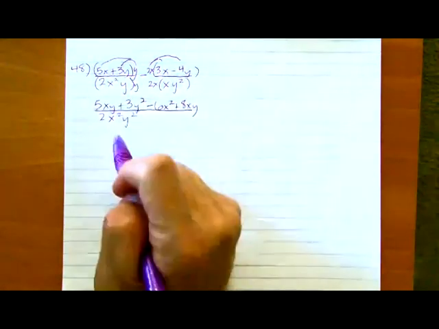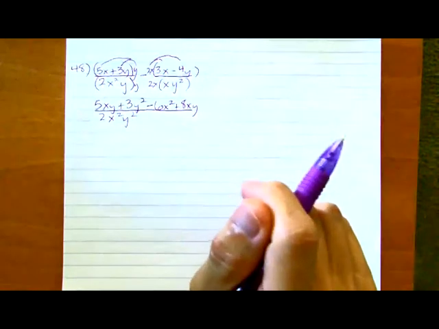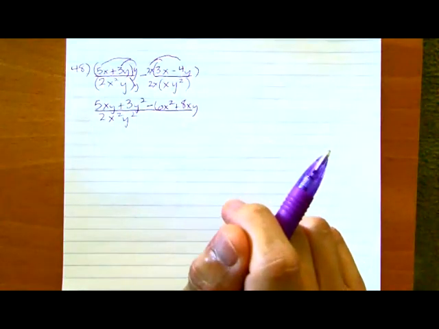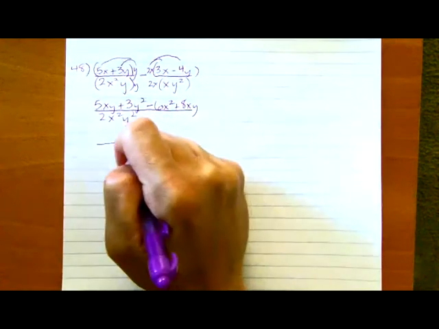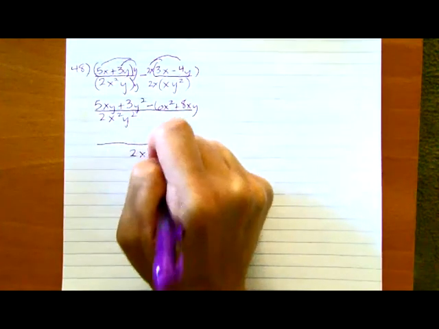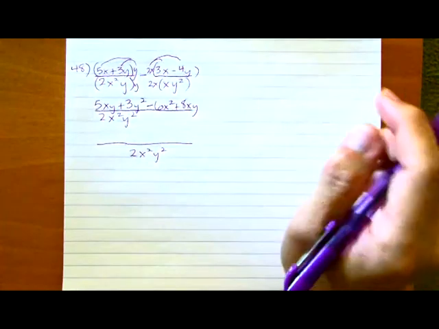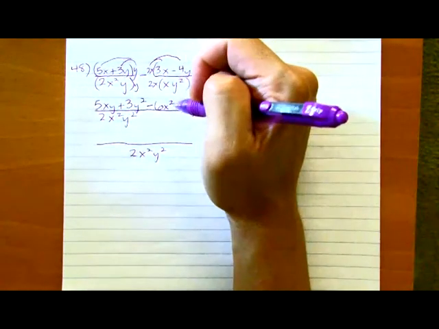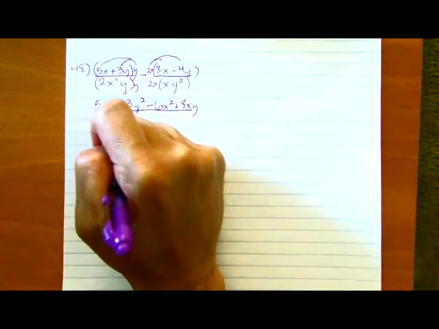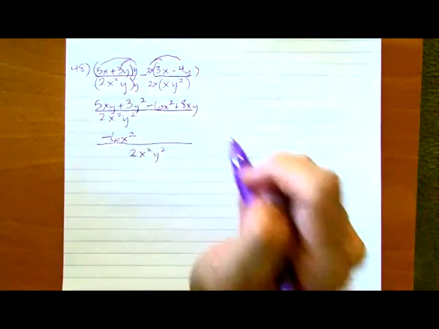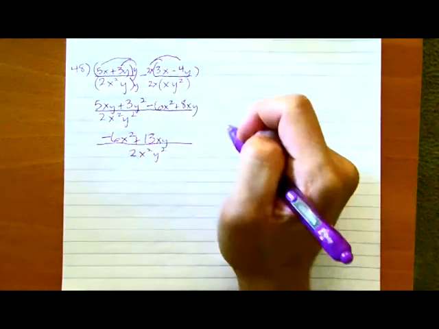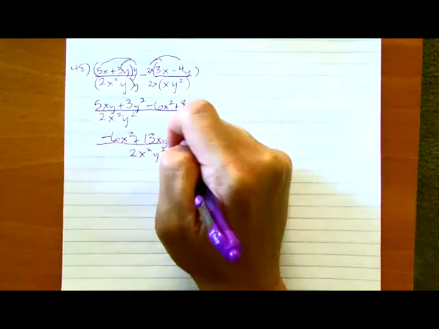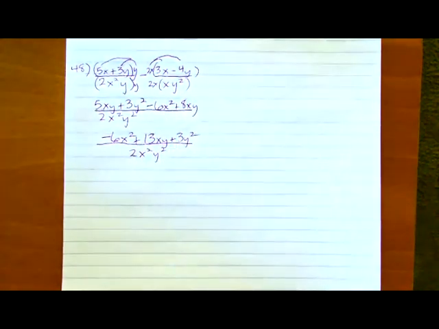The denominator is the same, so I just put it all over one denominator. Let's just combine the terms. 2x squared y squared in the denominator. I'm going to go in order by x, descending order. So negative 6x to the second plus 13xy plus 3y to the second.